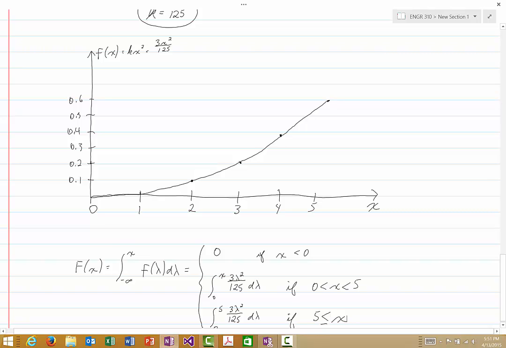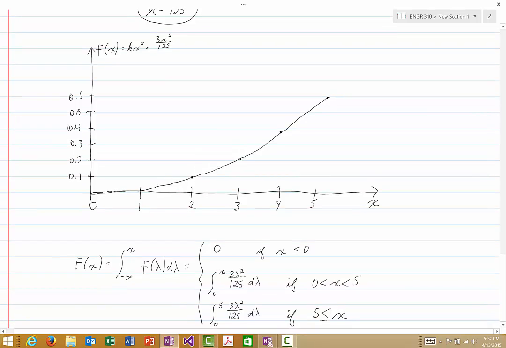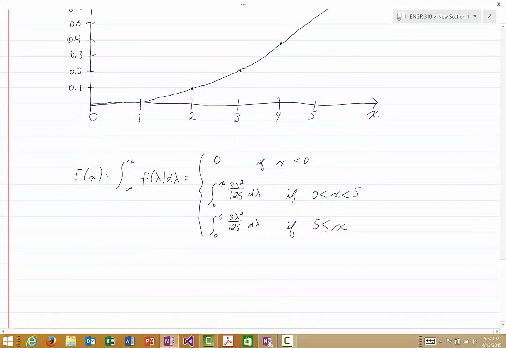And it's also equal to 0 everywhere to the right of 5. Again, we haven't shown that either, but just keep that in mind. So when we're integrating little f here to get big F, if little x is anywhere to the left of 0, then we're just integrating 0 and we get 0.